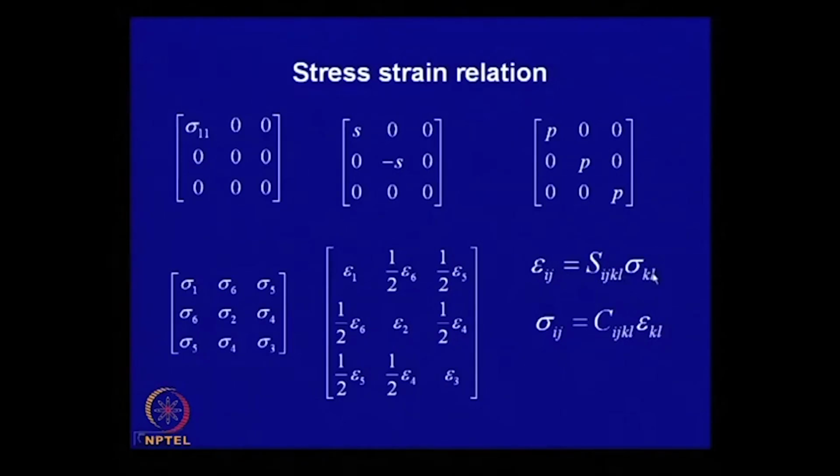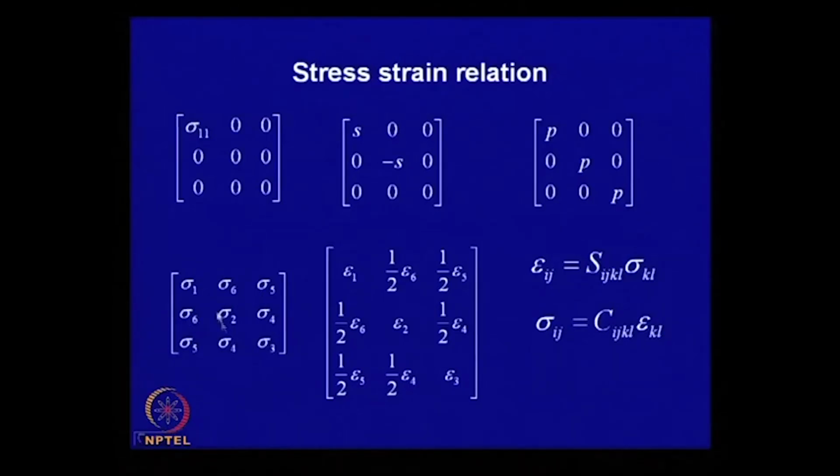So, if you start writing this full expression, it will be a very long equation. One convenient way of reducing it is to see how many components of the state of stress are important, and we have just seen that this stress matrix is symmetric. That means these off-diagonal elements are equal.